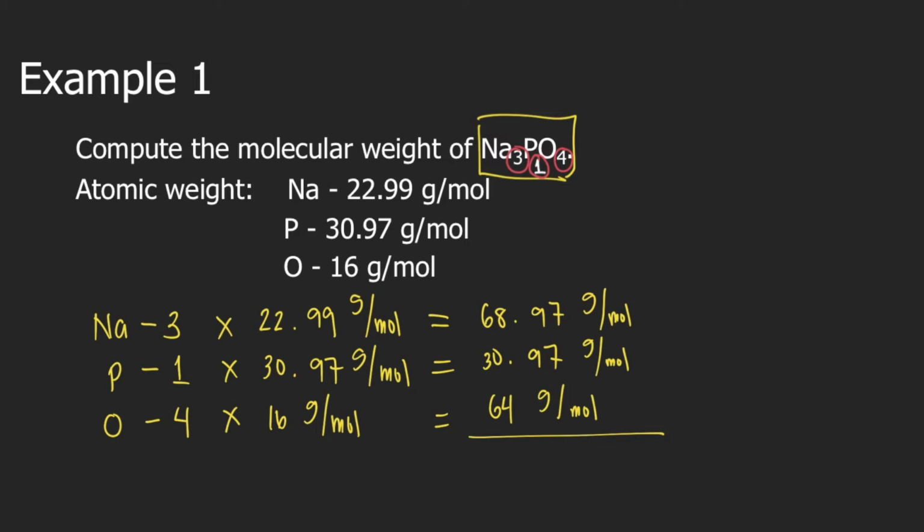So 68.97 plus 30.97 plus 64, this is equal to 163.94 grams per mole. This is the molecular weight of sodium phosphate, and this is the answer to the question.